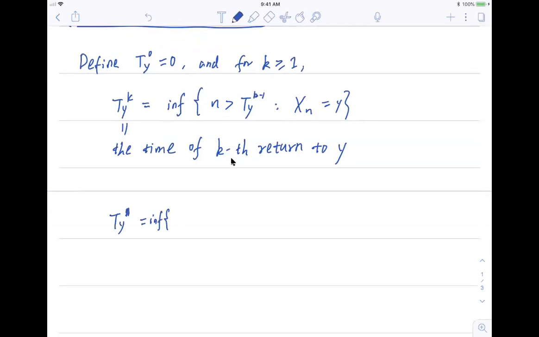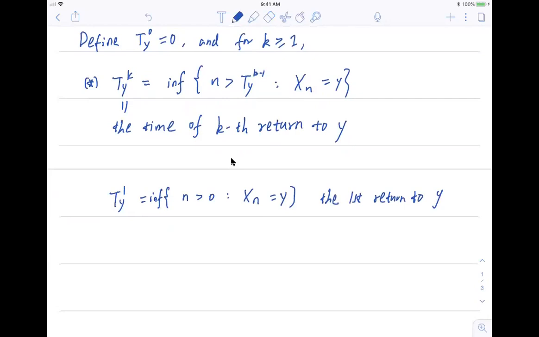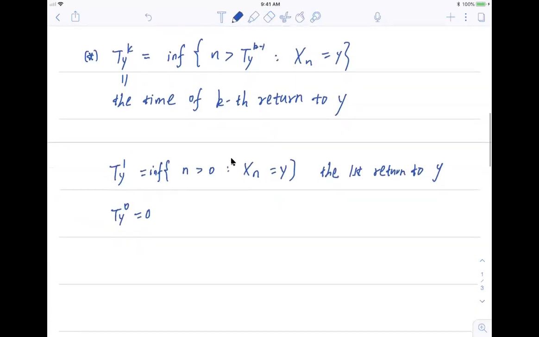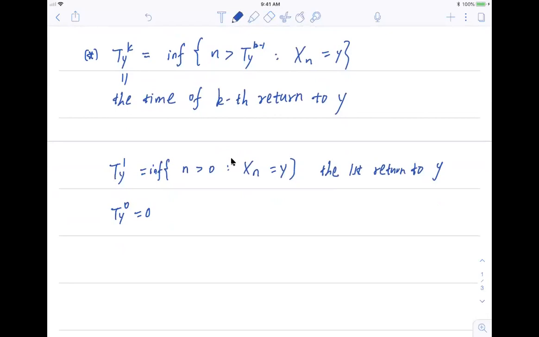So this is the first return to y. Since T_y^0 equals 0, any visit at time 0, even if X_0 equals y, does not count.